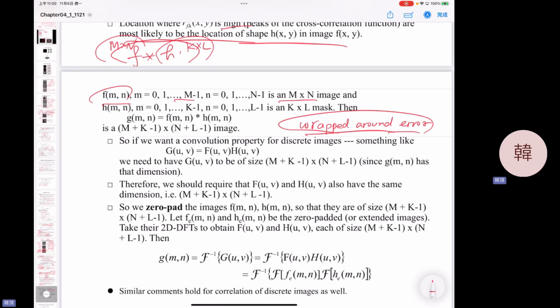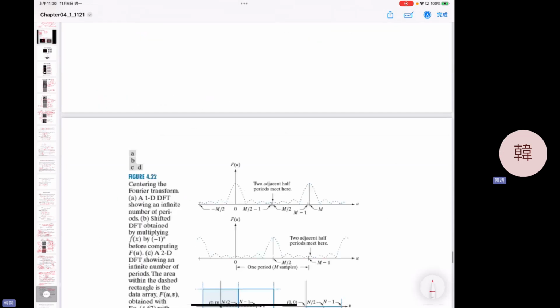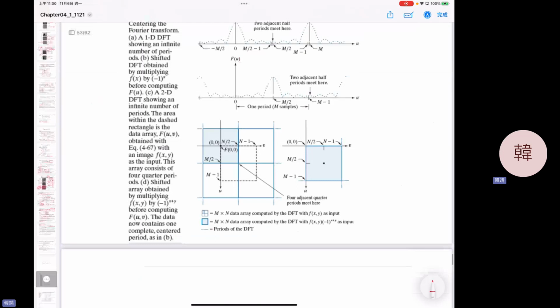Because you are going to work in the frequency domain, you make sure you have already padded zeros to M plus K minus 1 times N plus L minus 1. These two images are extended and padded with zeros outside. Otherwise, we have wraparound error. We will see it later in a slide in our textbook.